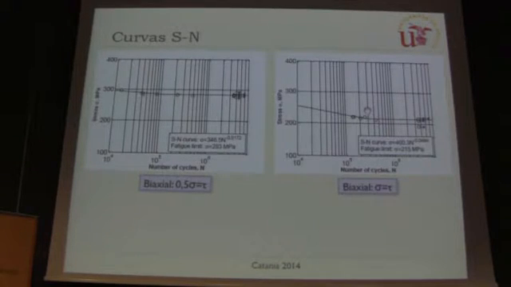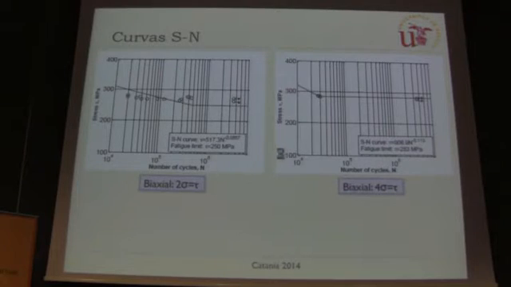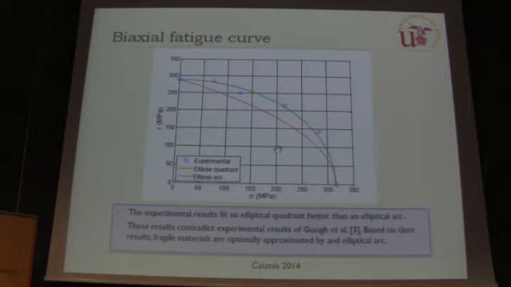These are the curves for the biaxial tests. The first one is where the maximum shear applied stress is half the normal applied stress, then sigma equal to tau, and then more torsion, 2 sigma equal to tau, more torsion here, and the last one was the full torsion.